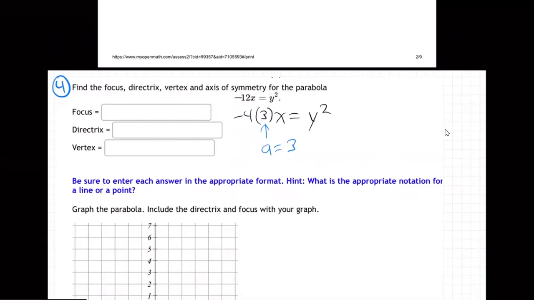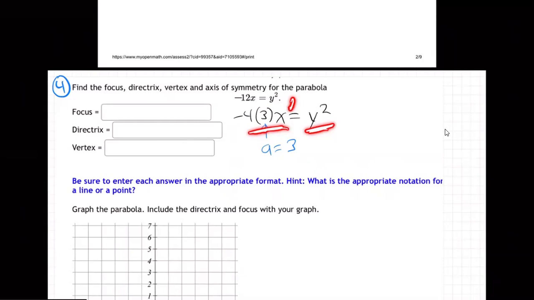Okay, now, is this one going up, down, right, or left? Well, what tells you? Notice for parabolas, we always have a second power side and a first power side, which is unique. We don't have that for ellipse or hyperbola. Those both had second power only; both x and y were squared.